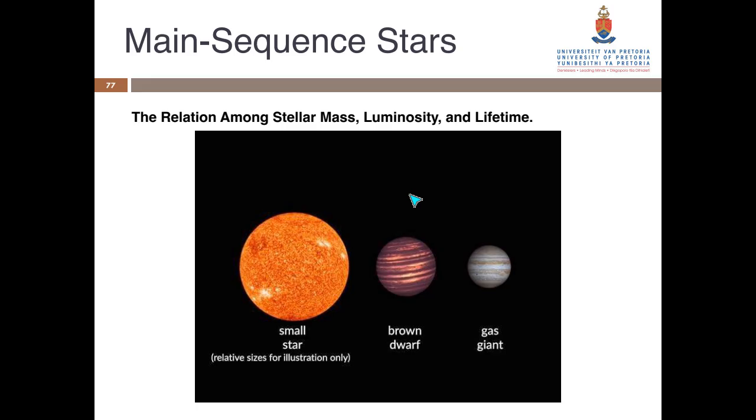If you compare a brown dwarf to a gas giant such as Jupiter, it's not too far off. Sometimes it is joked that Jupiter is an overachieving planet or an underperforming star. That's just a bit of a joke, but that is how we distinguish them from each other and where we draw the line between a star and a dwarf star.